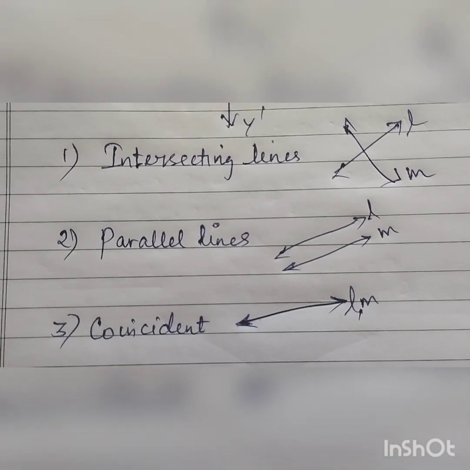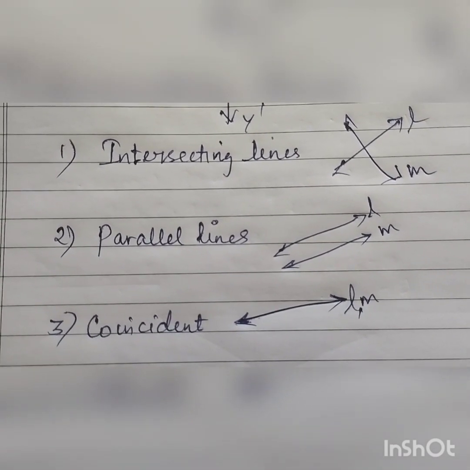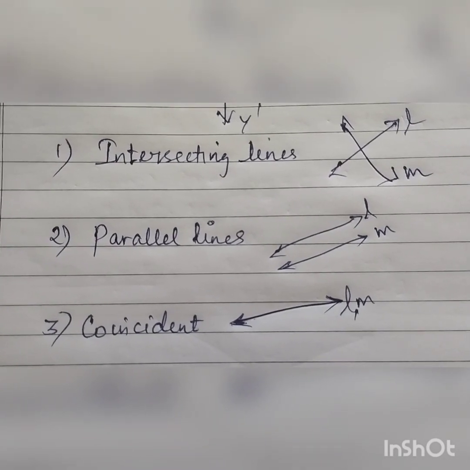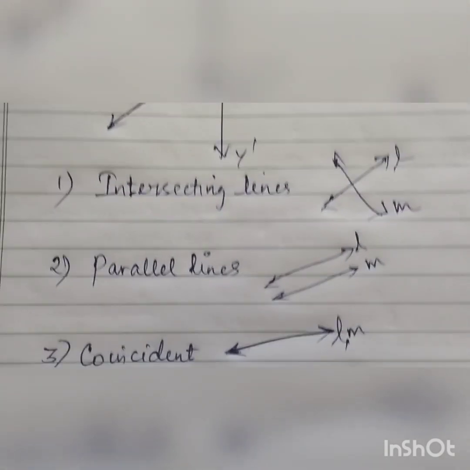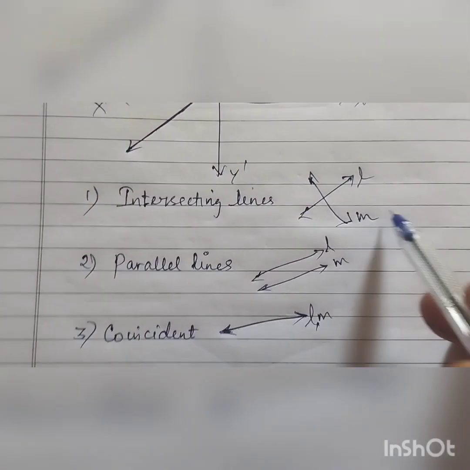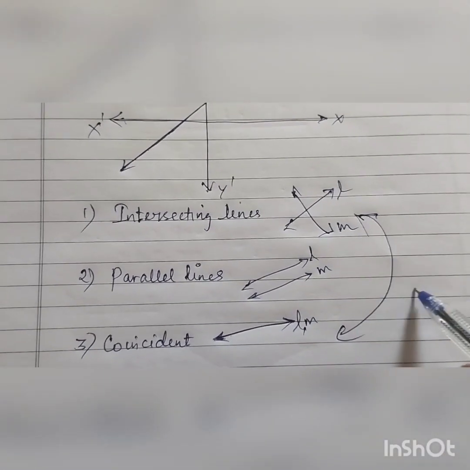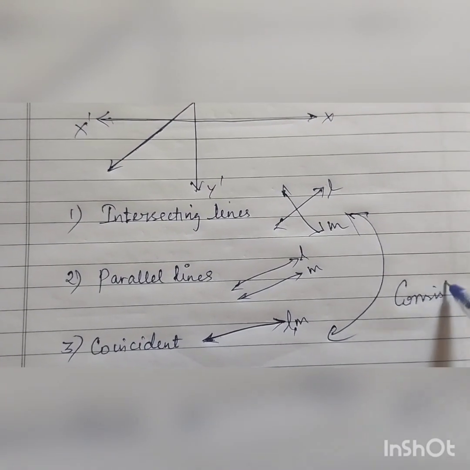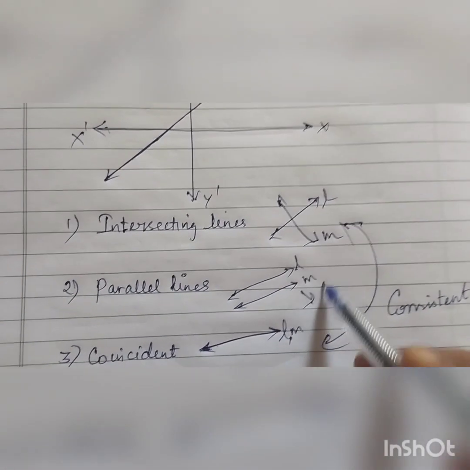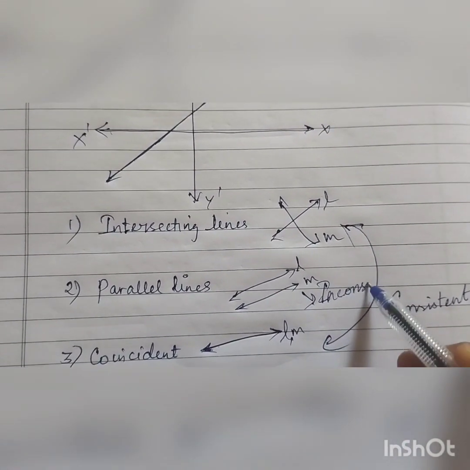Intersecting lines have a unique solution, parallel lines have no solution, and coincident lines have infinitely many solutions. Intersecting lines and coincident lines are said to be consistent, and parallel lines, that means no solution, are inconsistent.